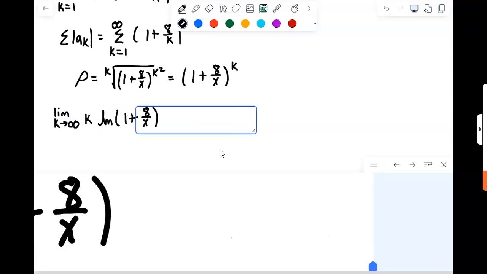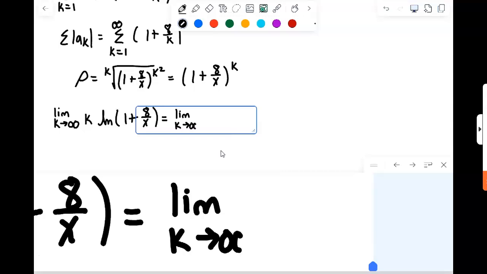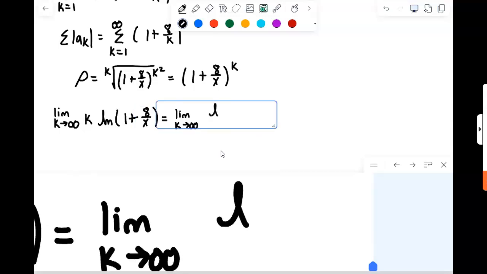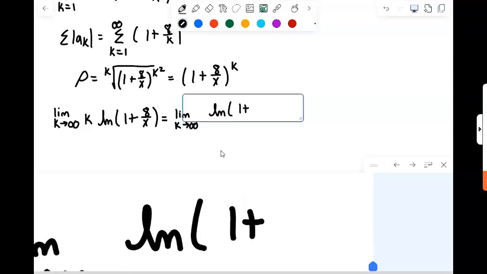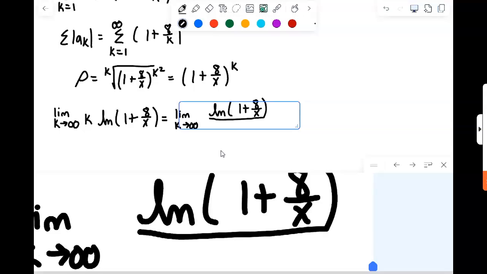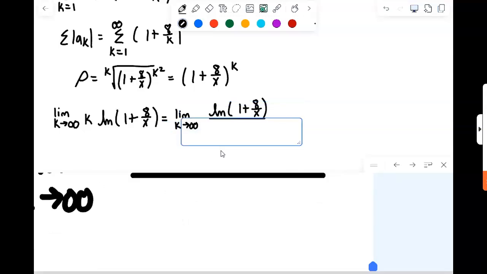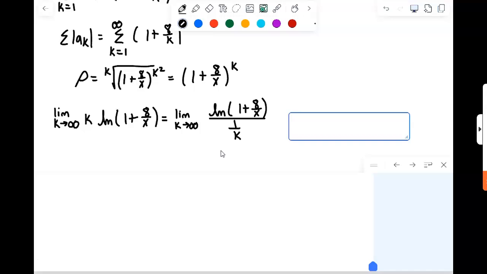So we rewrite it as the ln, because that's the one we prefer to have on top, ln of 1 plus 8 over x, all divided by the reciprocal of the other one, 1 over k. Okay. And then at this point, that transforms this into a 0 over 0 limit.